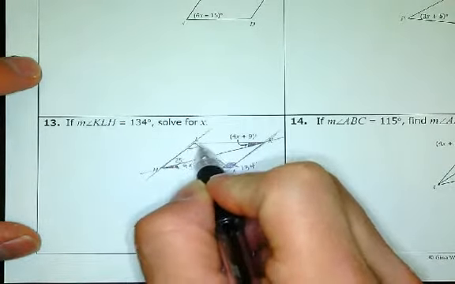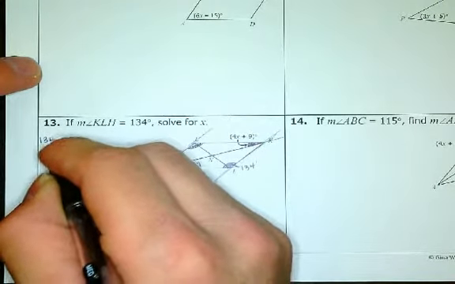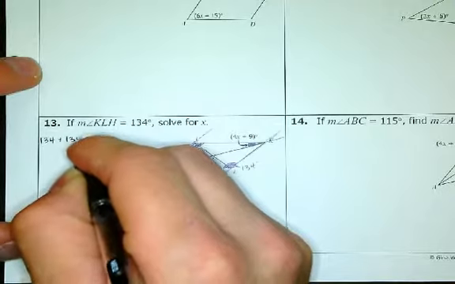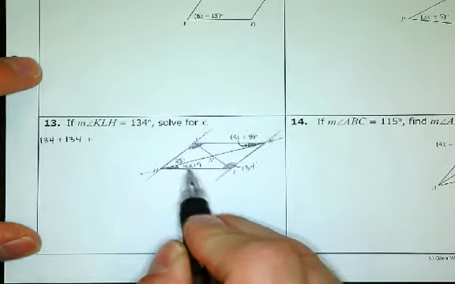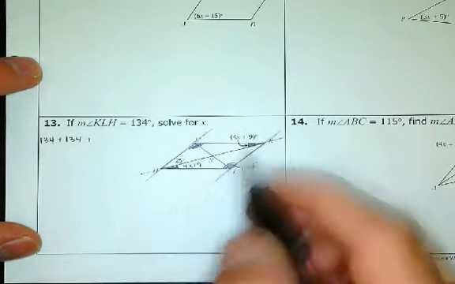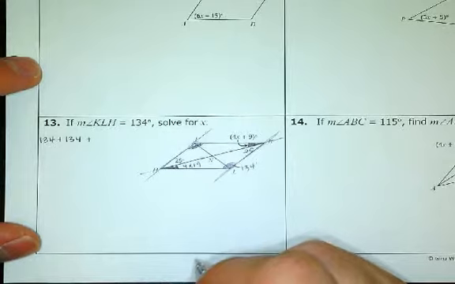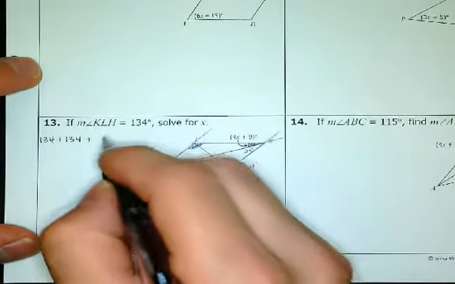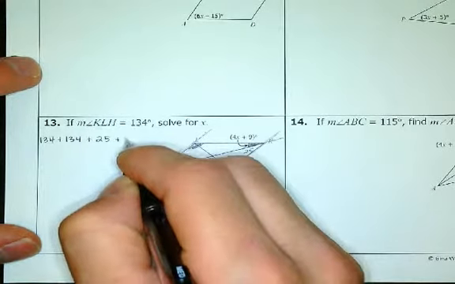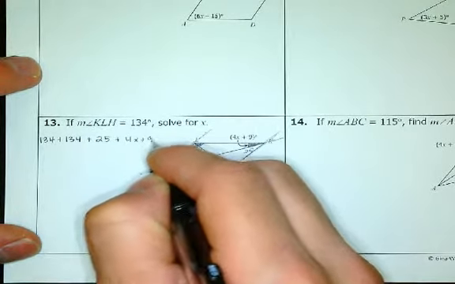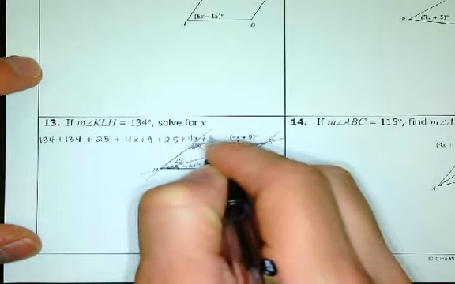So 134 plus 134 plus, check it out, we have two of these, because this 25 can come over here. So I'm going to do 25 plus 4x plus 9 plus 25 plus 4x plus 9 equals 360.